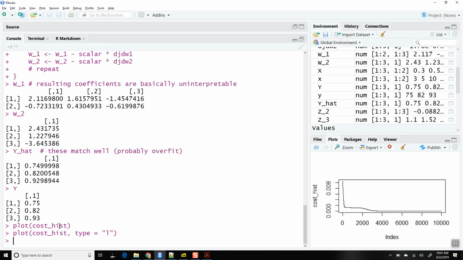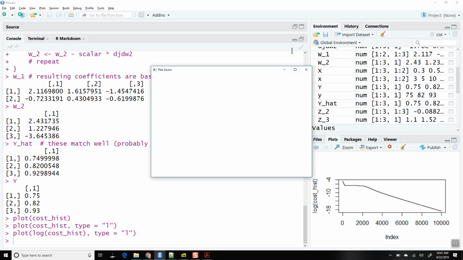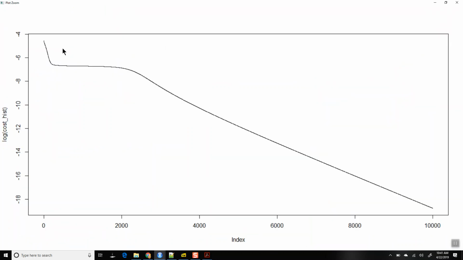If we take a look at the log of the cost history, then we can see it improves logarithmically. So it drops dramatically, and this constant part here just means the slope of the log is constant.